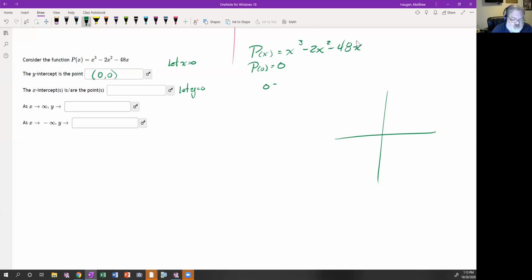So 0 equals x to the third minus 2x squared minus 48x. And we're supposed to solve that for 0. Now, a lot of chapter 4 is about solving larger degree polynomials. So the fact that that's a third degree polynomial shouldn't throw us off too much until we start thinking about our tools. Our big tool from 4.5, 4.6 would be the rational root theorem, right? Find the factors of your constant and the factors of your lead coefficient.